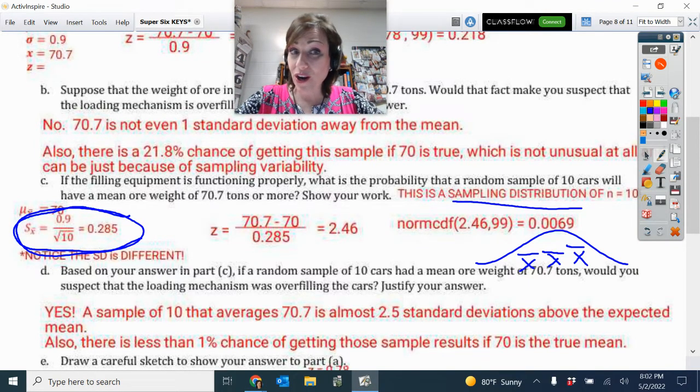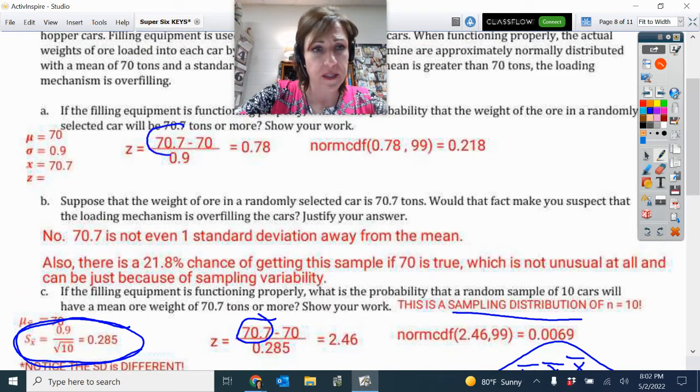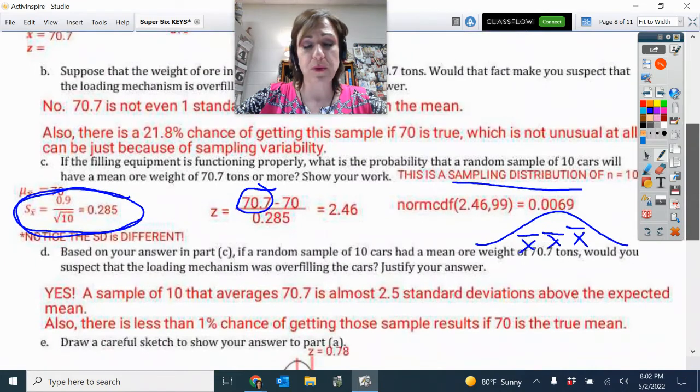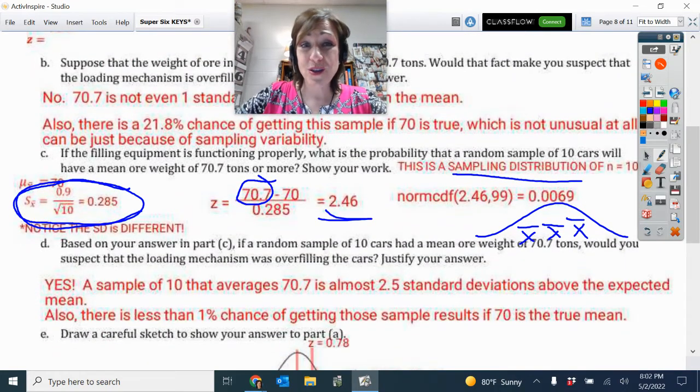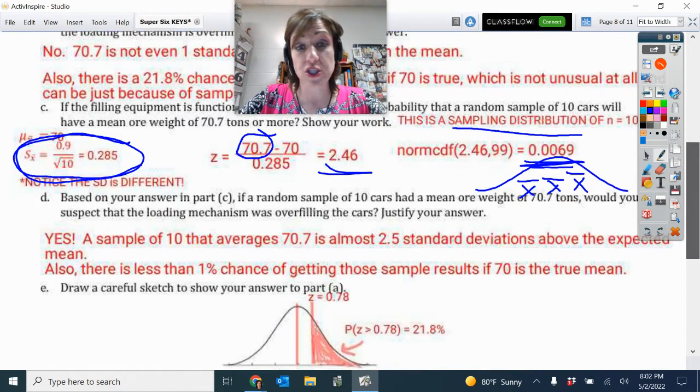So see, now an average of 10 cars being 70.7, not just one single car being 70.7, but an average of 10 cars being 70.7 is now 2.46 standard deviations above the mean. That's now getting quite rare. In fact, look at that probability of getting that or something more extreme.